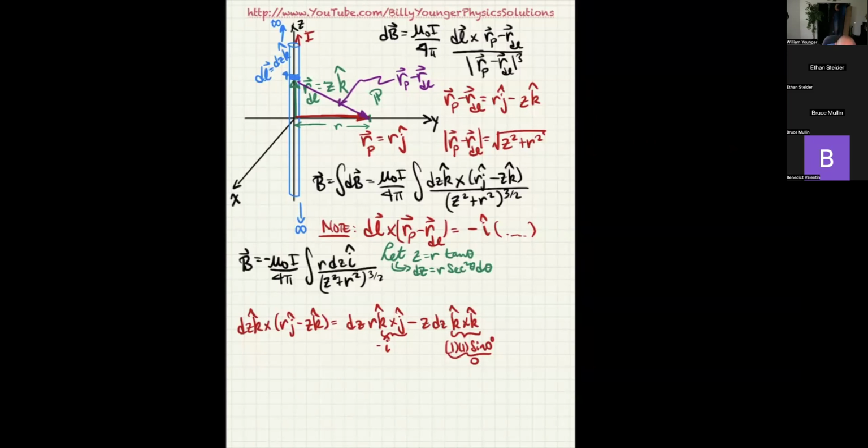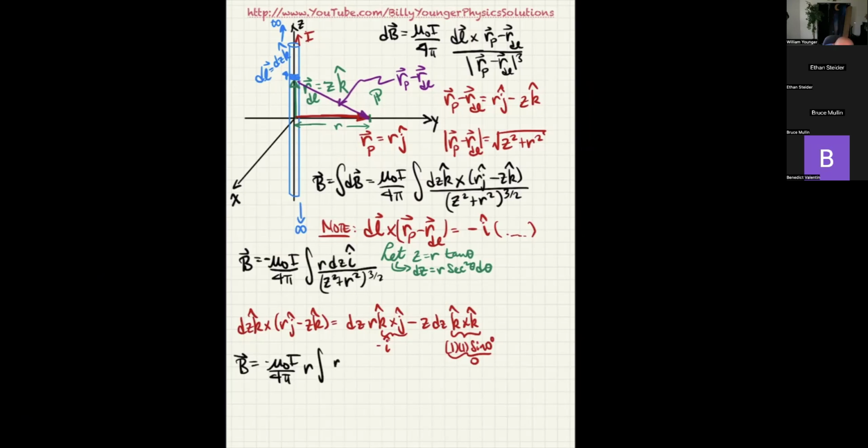So when I do that, I get B is equal to negative mu 0 I over 4 pi. I can go ahead and pull this r out in front, and I get the integral of dz. Oh, excuse me, we already figured out what dz is.